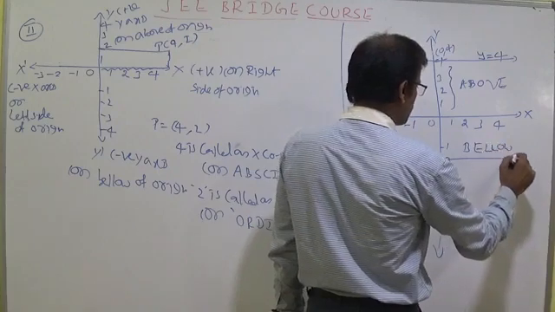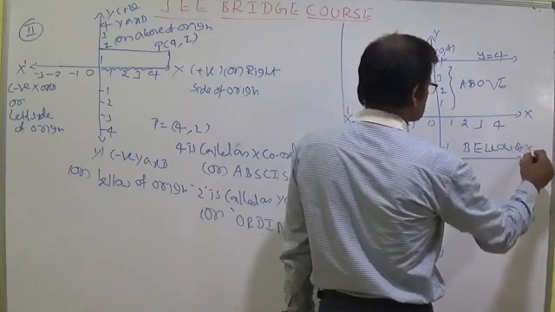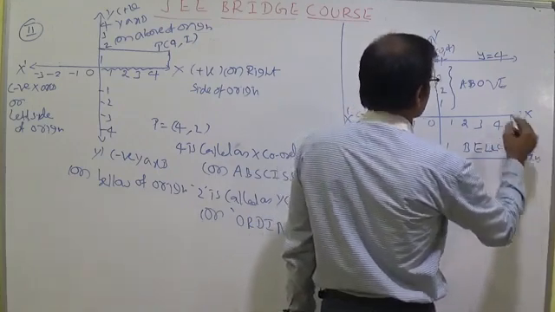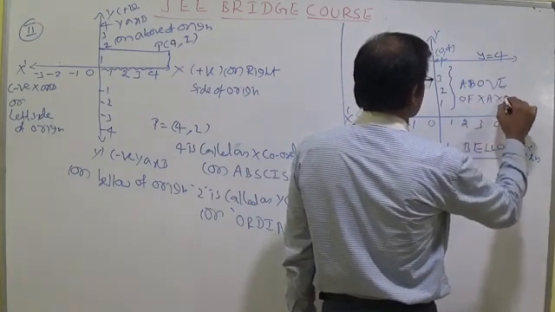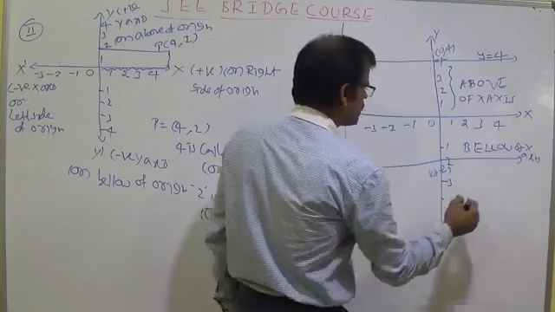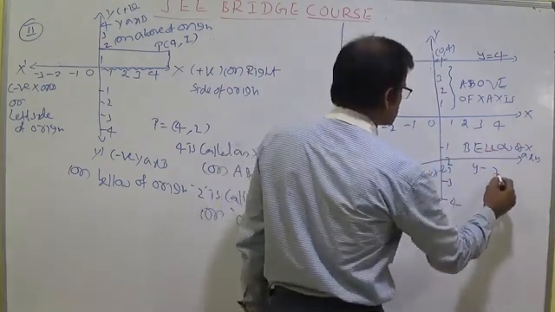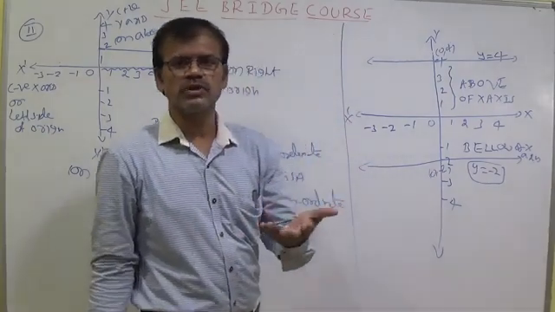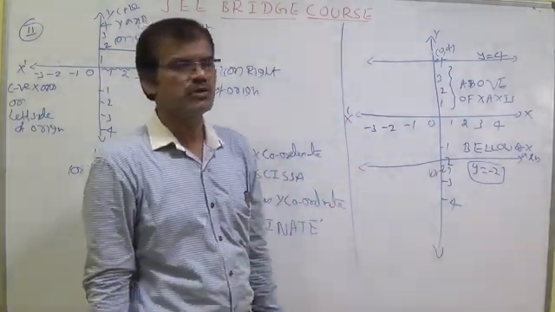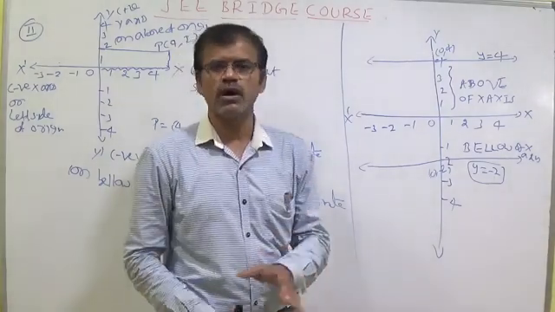Below the x-axis you can write here y is equal to -2. Above means a plus symbol you should put and below means a minus symbol you should put.